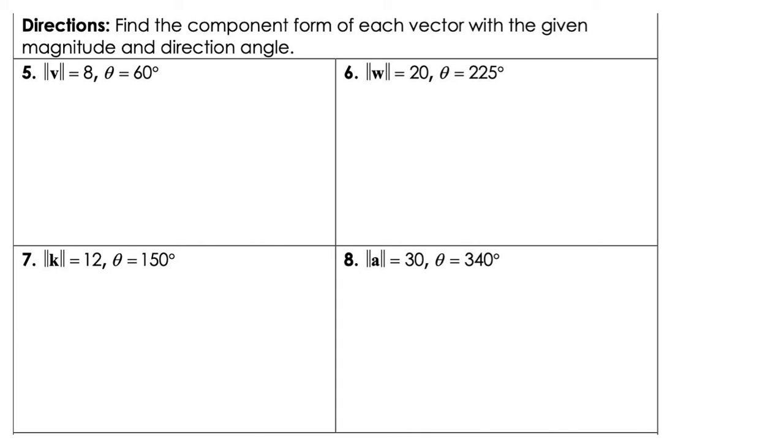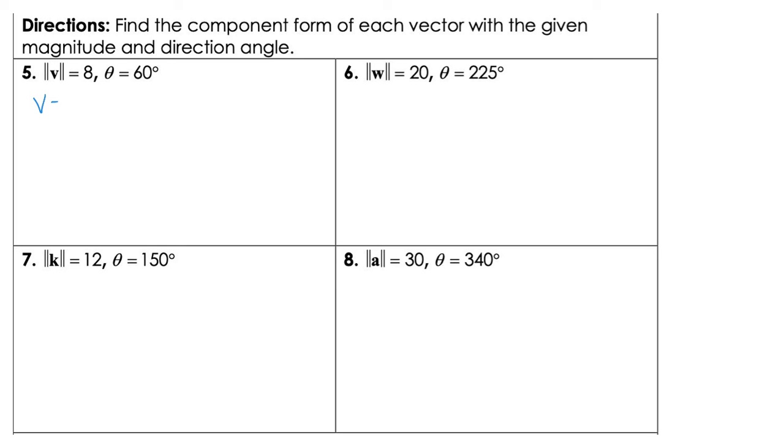All right, so let's do some examples. In the first example, we need to find the component form of each vector given the magnitude and direction angle. So that's going to be what we just wrote. Let's see if we can write our formula first before we jump into it.